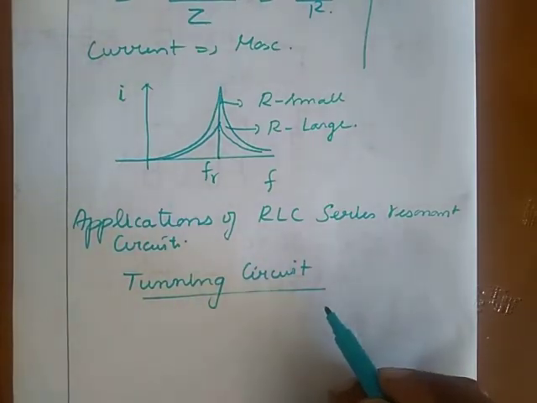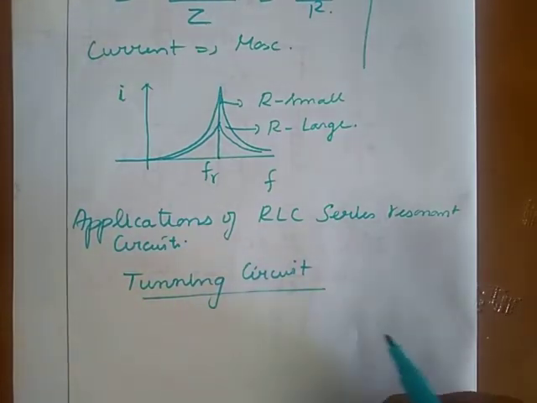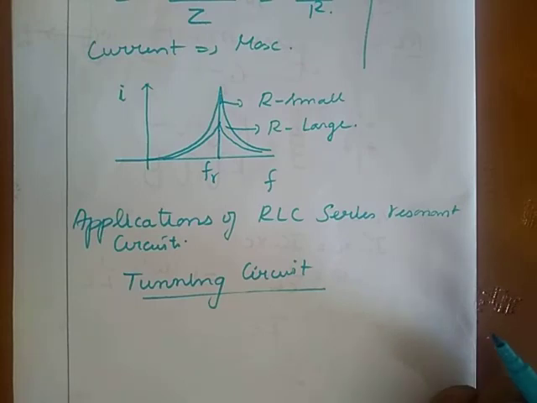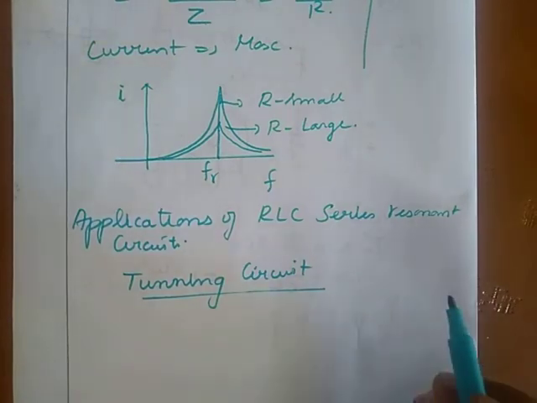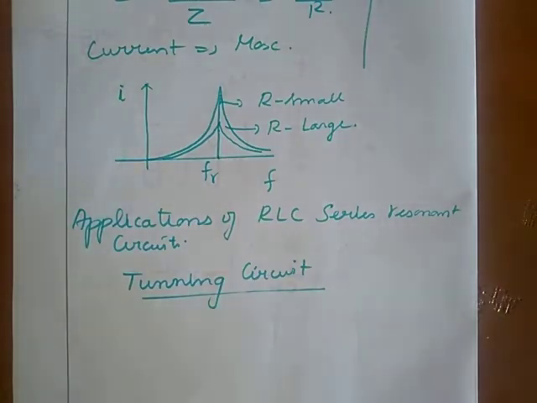These types of circuits are available in radio and TV broadcasting systems. The signals of many broadcasting stations are at different frequencies and are all available in our air. If you need a particular frequency, then tuning is done. During the tuning we are changing the capacitance of the parallel plate capacitor.